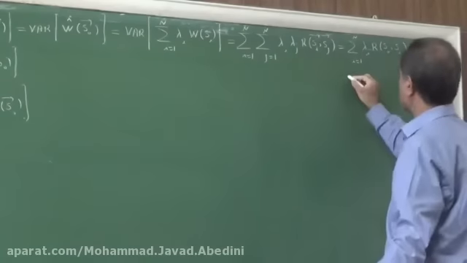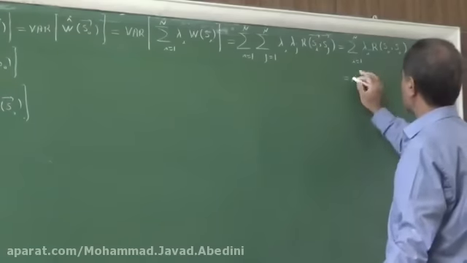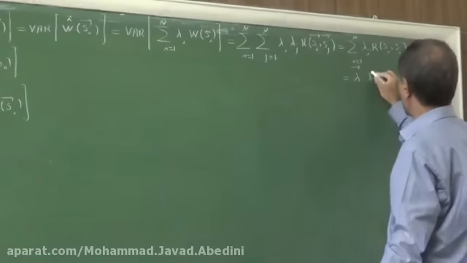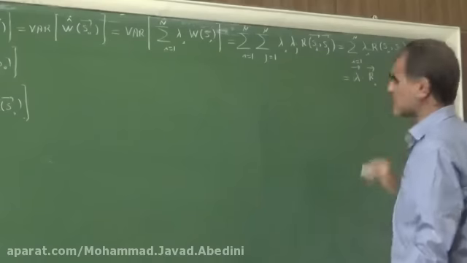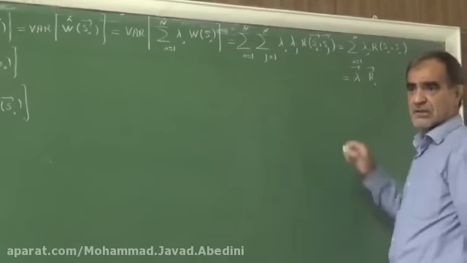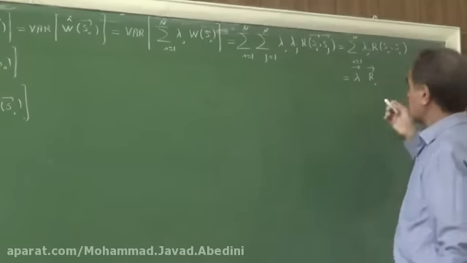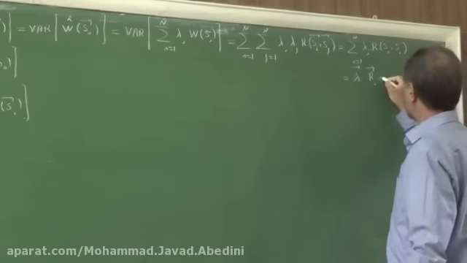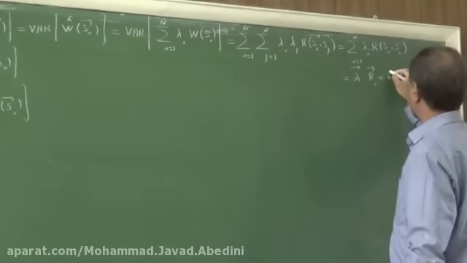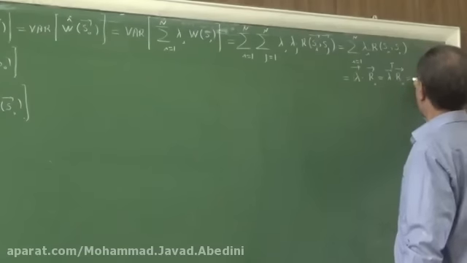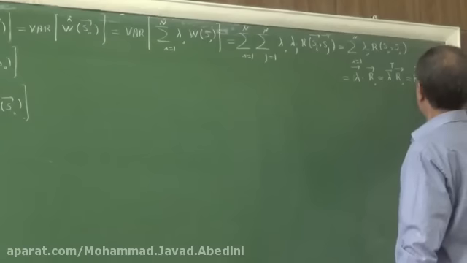Remember that we can write this as r lambda dot product r0. Remember? Dot product of this vector and this vector. And then you can replace this by r transpose times lambda.